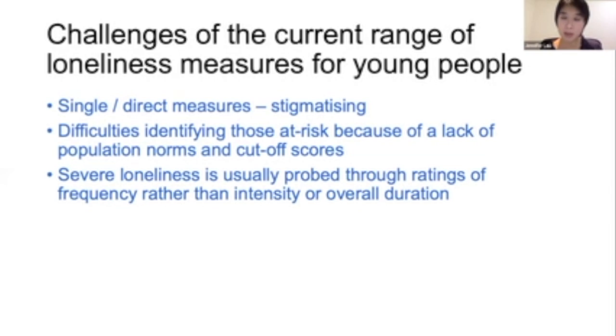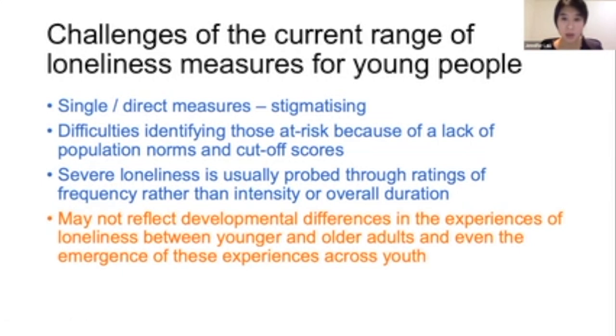Some of the problems with the current measures of loneliness in young people are similar to the ones I talked about for the general population: stigmatizing, not really having cutoff scores, and also thinking about severe loneliness in terms of frequency. But the main problem is that a lot of the measures for young people were extrapolated from measures for older adults, and so some of the nature of the experiences of loneliness in young people might not necessarily be captured.